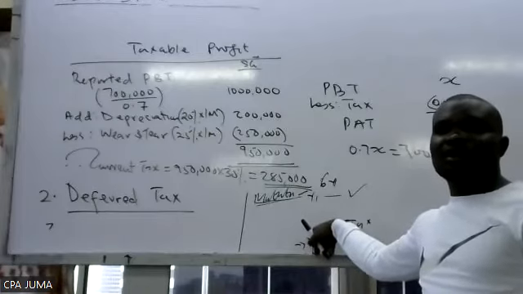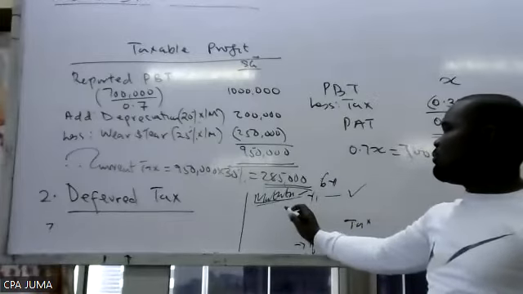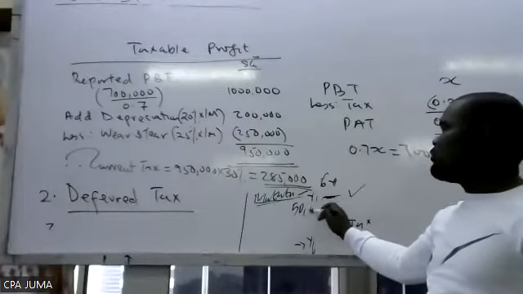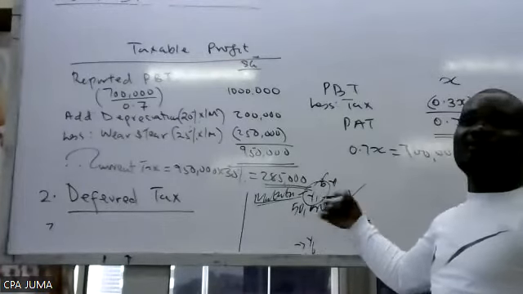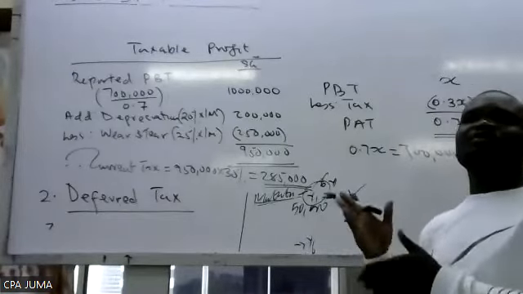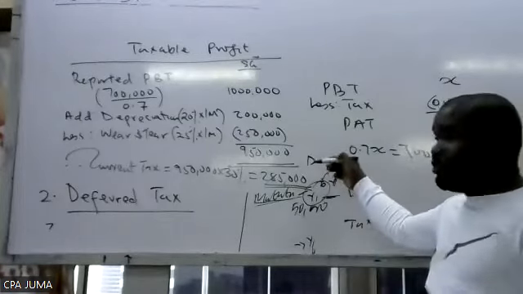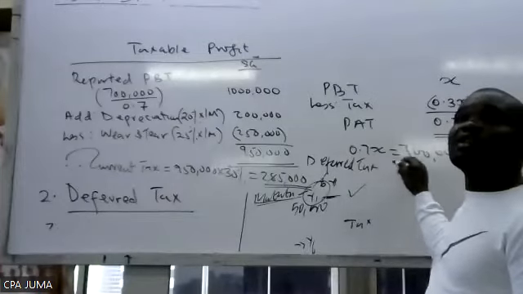So you can be smart to save. You say that, fine, every year I see that I'm paying around 50,000 for tax. Right now I'm getting much cash flow. Let me set aside some funds so that when my revenue goes down, I have sufficient amounts to pay taxes. Then in your books of accounts you expense it as deferred tax.